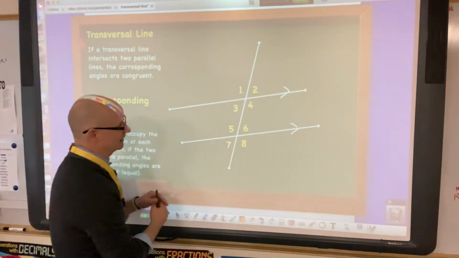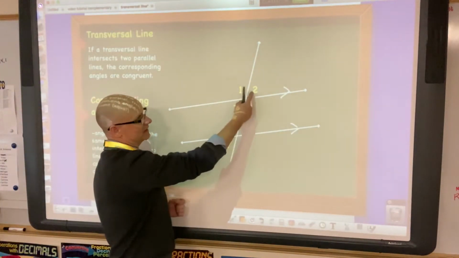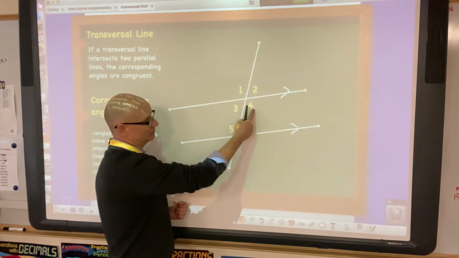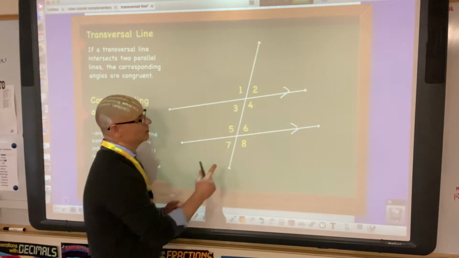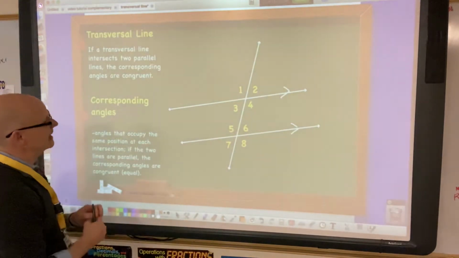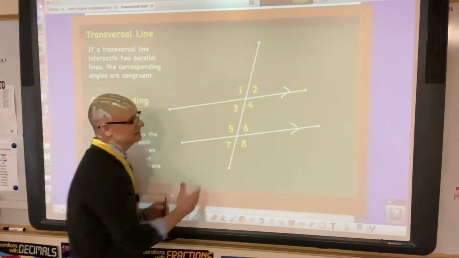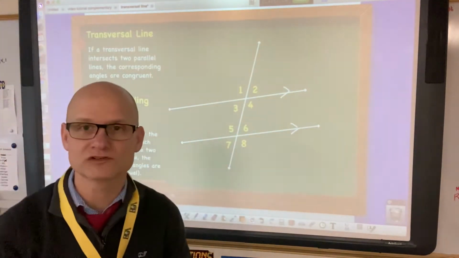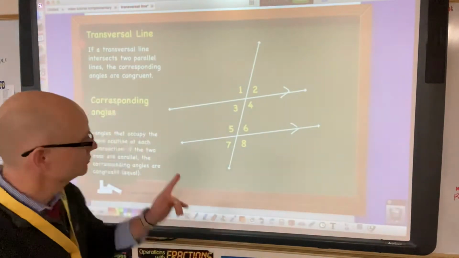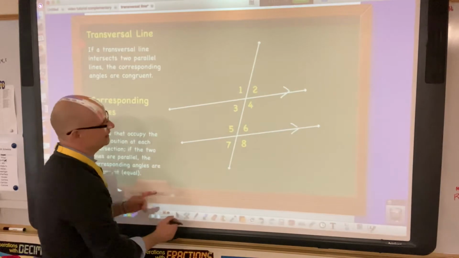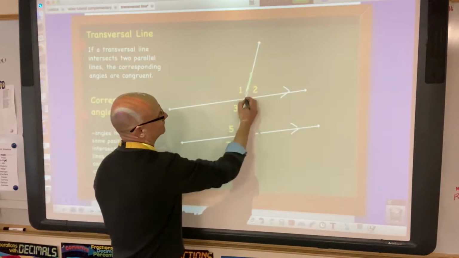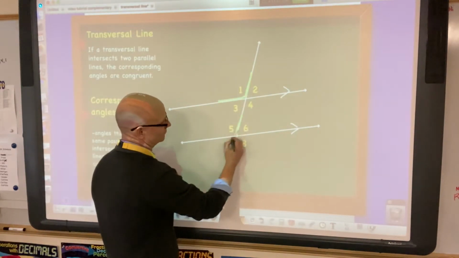I've got two parallel lines. I also have angle 1, angle 2, angle 3, angle 4, angle 5, angle 6, angle 7, angle 8. What this is saying is when you have a transversal line intersecting two parallel lines, their corresponding angles equal each other. So that means this angle right here, angle 1, corresponds with angle 5.